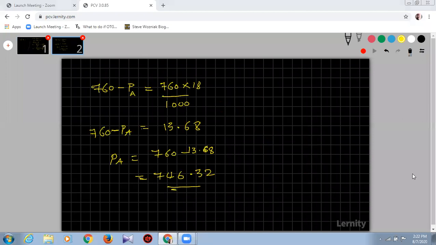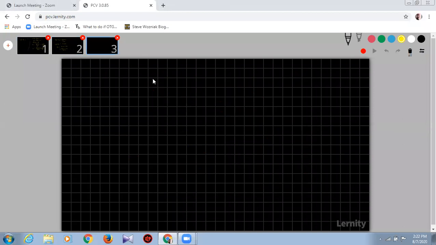Okay, next problem. Take down the next problem. 6 grams of urea, molecular weight 60, was dissolved in 9.9 moles of water.